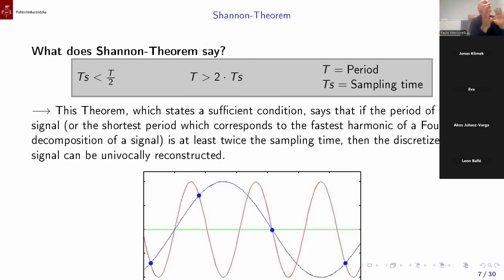But the problem is, what happens if the distance is not the same? In this case, we will consider a more conservative condition, which considers the maximal distance. But of course, conservative means in order to be sure that it will work. I will come back with the simulation in MATLAB on this problem.